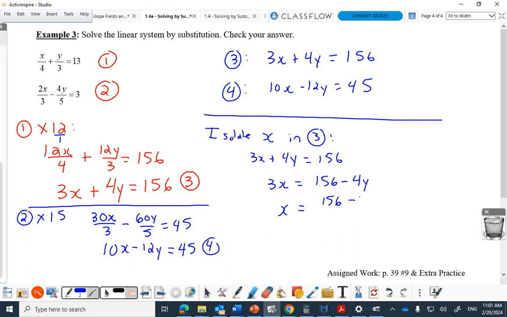When I divide those by 3, 156 divided by 3 is 52, as she predicted. That divides by 3. So at least that term's not a fraction. However, this one is a fraction.